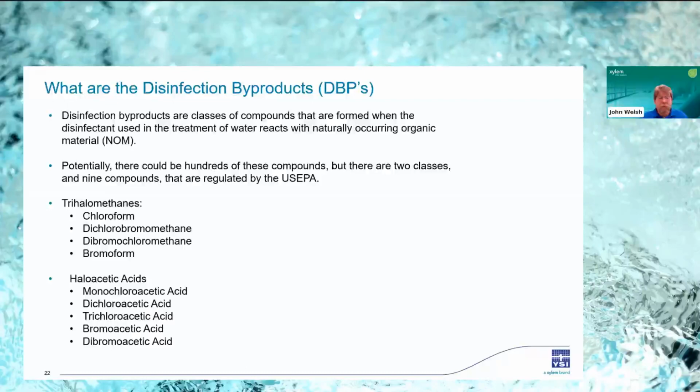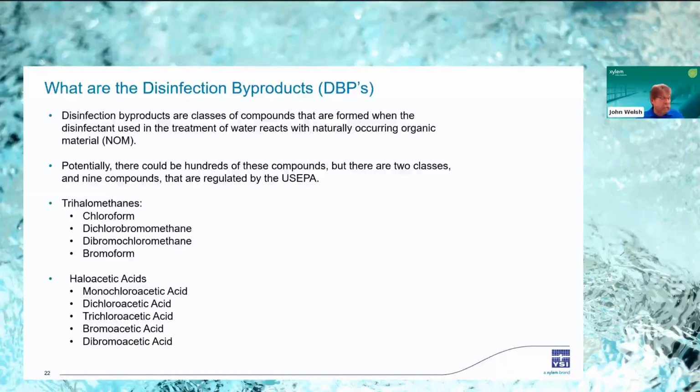These are the trihalomethanes and haloacetic acids. These compounds are formed when chlorine reacts with organic carbon in the water. The 4 trihalomethanes and 5 haloacetic acids are shown on the slide. These include the chlorinated and the brominated compounds.